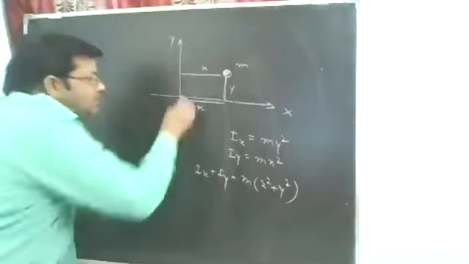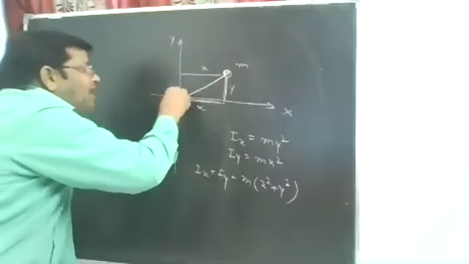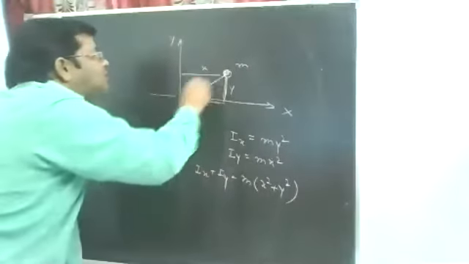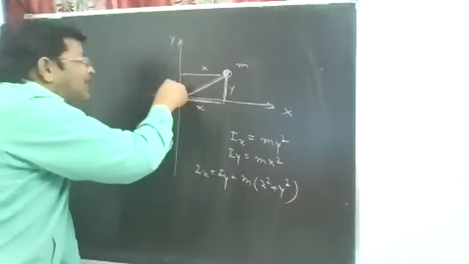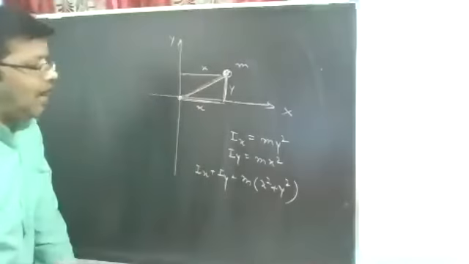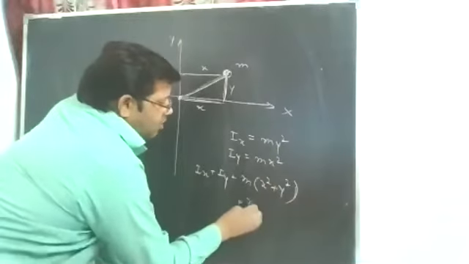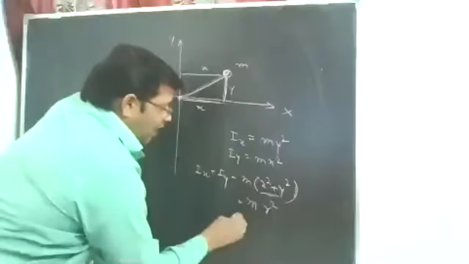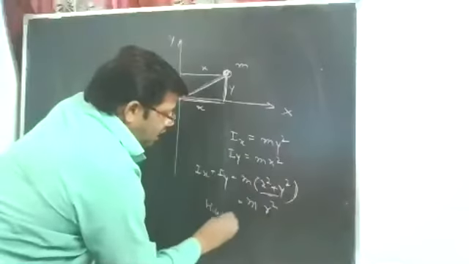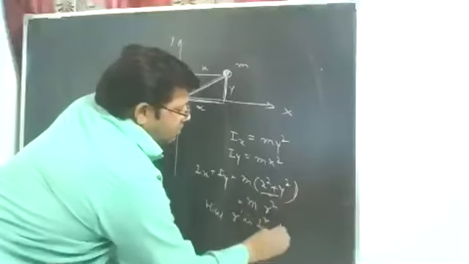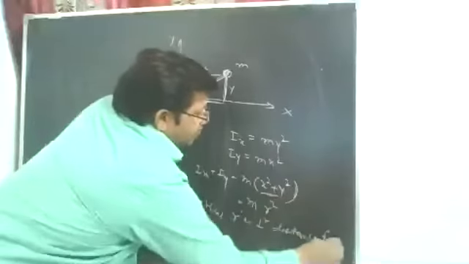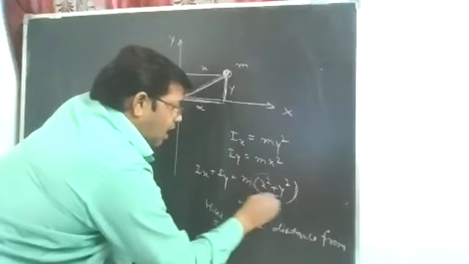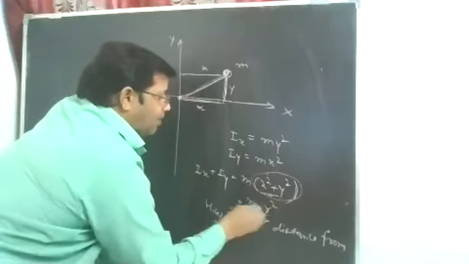Now this x square plus y square is r square, where r is the perpendicular distance from the z-axis, which is perpendicular to the plane of the body.